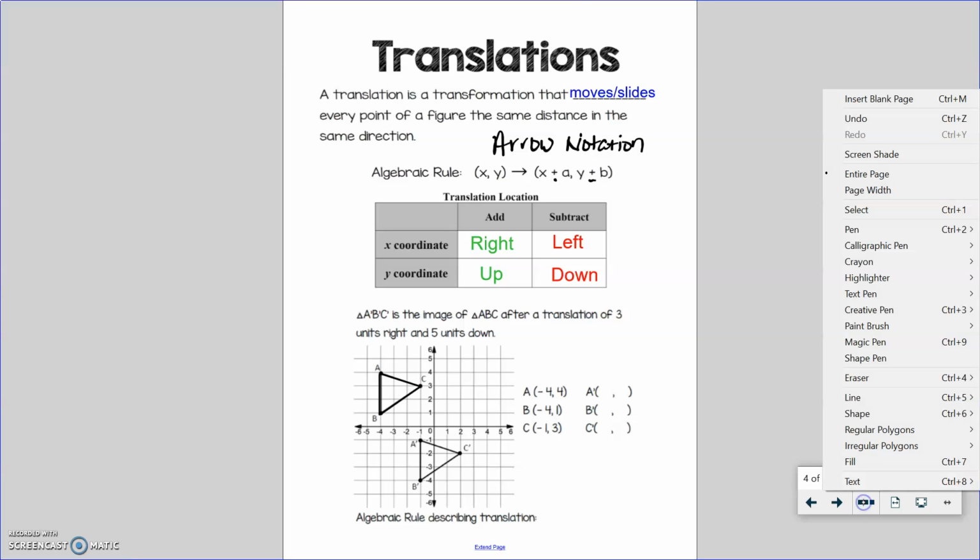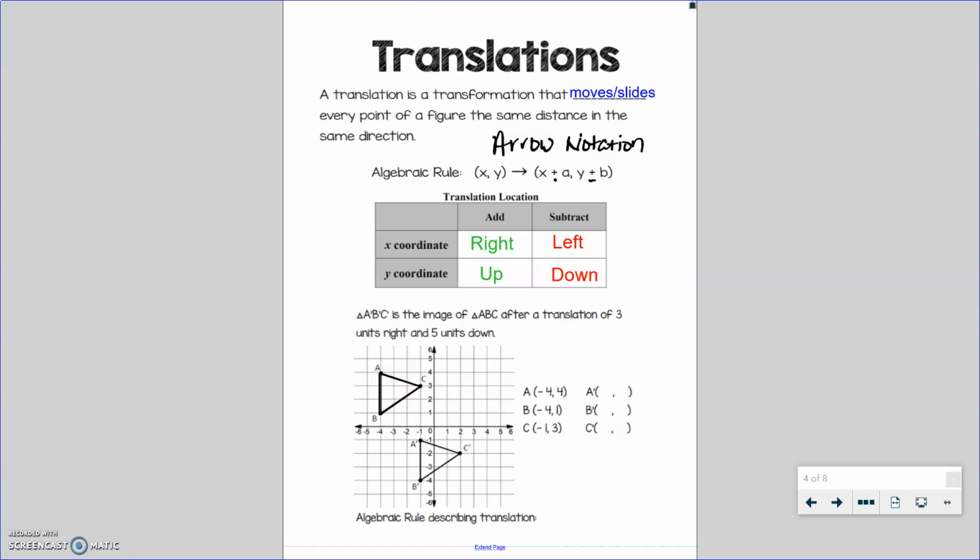So if I go 3 units to the right and then 5 units down, what you do to one point, you have to do to all of the points. So we're going to use C to help us count, but it's going to move the whole image. We're going to translate this 3 units right.